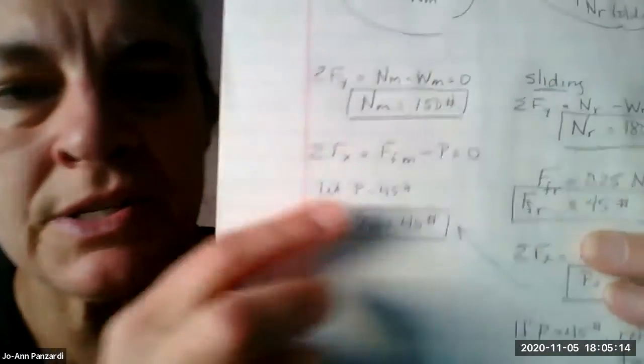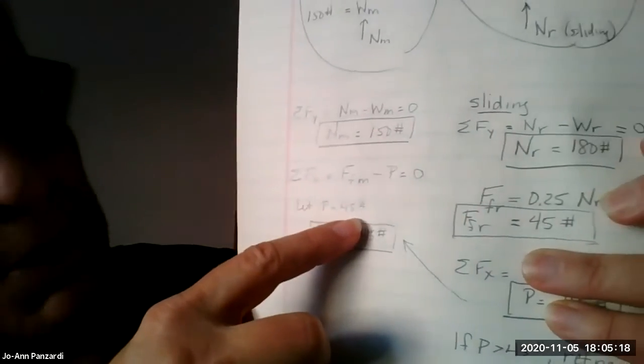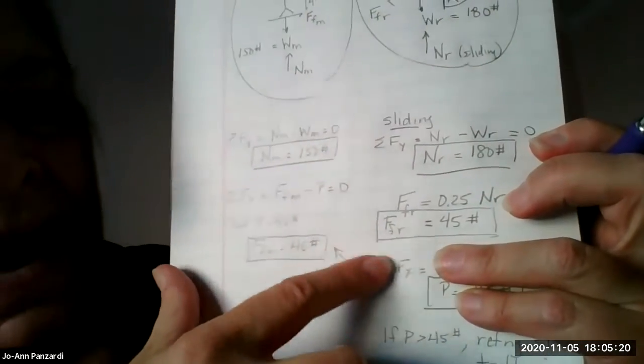So let's put in, because we know it's going to slide first, let P equal 45 pounds. And that means the frictional force of the man that's going on right now is 45 pounds. We'll go over this because this is a little confusing. So we did the sum of the forces in the X, and I let P equal 45 because that's what's going to happen first.